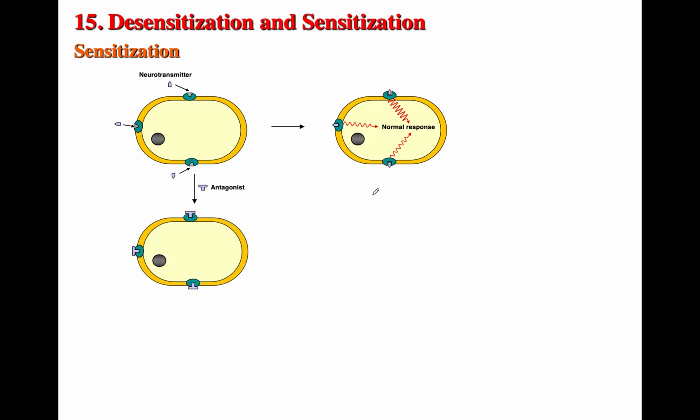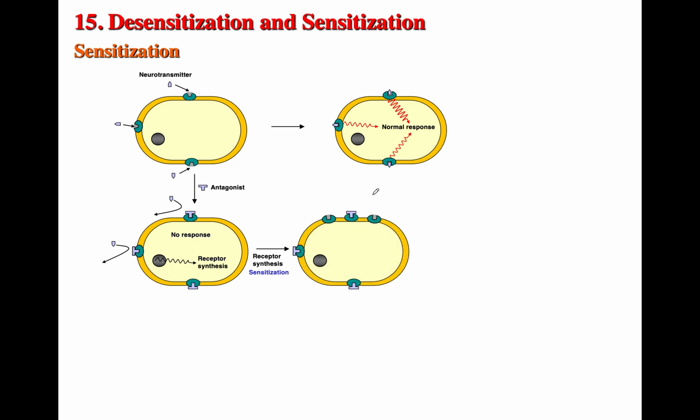So you have a neurotransmitter that will normally bind to its receptor here and cause a normal response. Now, in the presence of an antagonist, that antagonist is going to bind to the receptor and block the natural neurotransmitter from interacting with its receptor, causing no response. As a response, the cell is going to synthesize more receptors, and this is what we call sensitization.